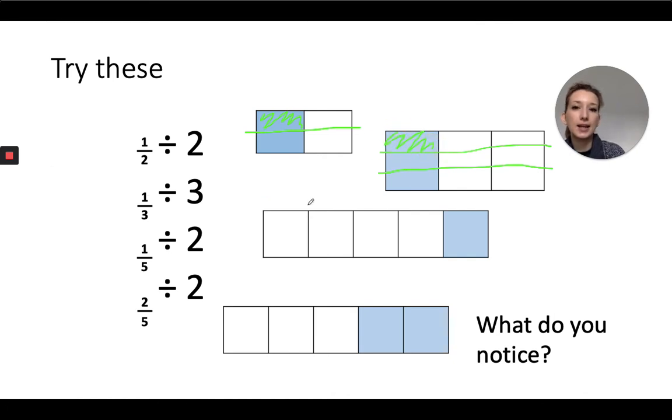And a fifth divided by 2 would be 10th. And 2/5 divided by 2 would be 2/10. Okay. So there we have it with the visuals.